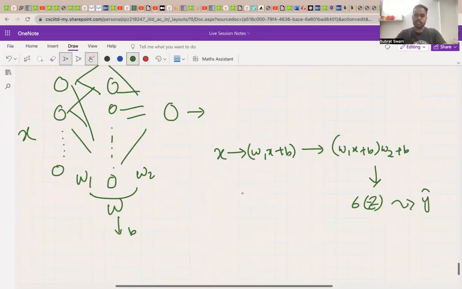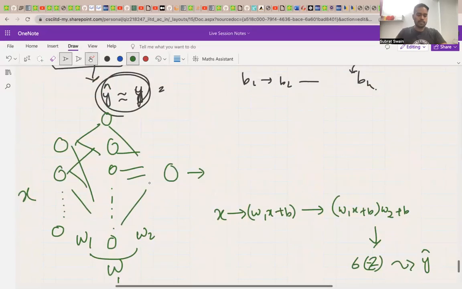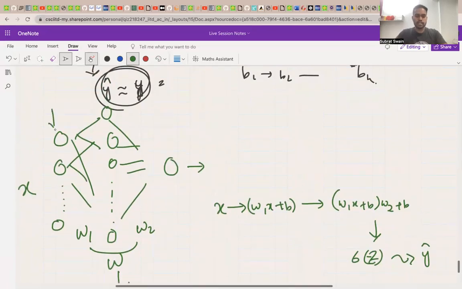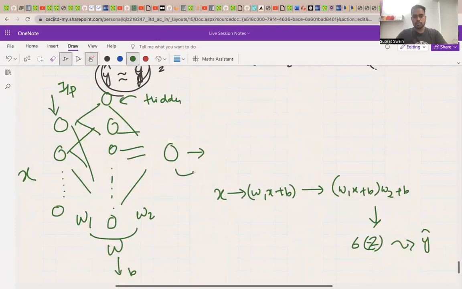So I'll briefly tell about the terminology. This is the input layer. This is the hidden layer. This is the output layer. So it's not a 3-layer neural network, it's a 2-layer neural network, because we don't count the input layer: it's layer 1, layer 2.